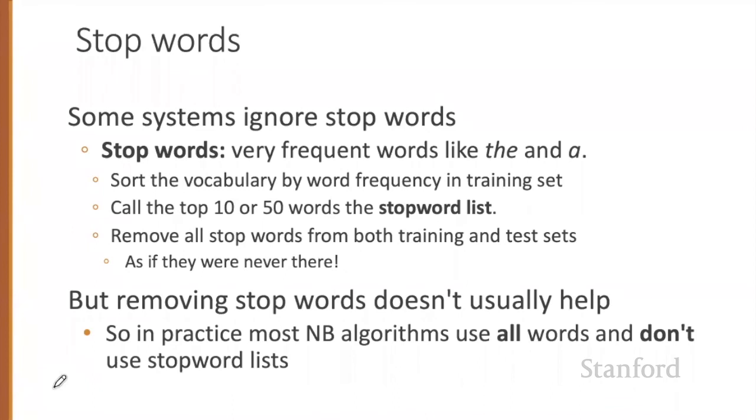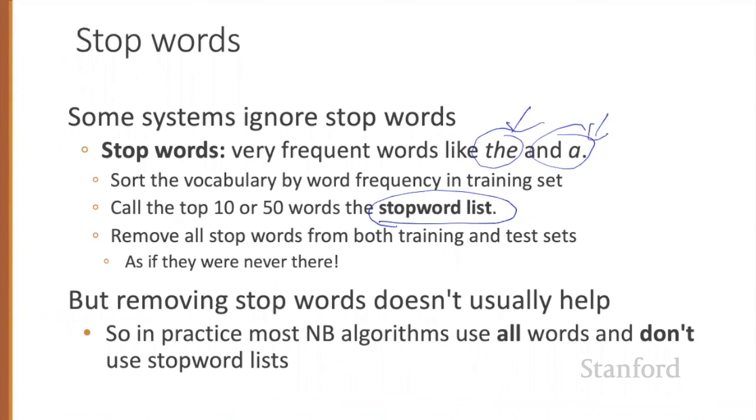Some systems ignore stop words. Stop words are very frequent words like the or The way we find stop words is we sort the vocabulary by the word frequency in the training set, and we take the top K words, the top 50 or the top 100 or the top 10, we call those words the stop word list. And, because words like the are very frequent, they're going to appear in that stop word list.